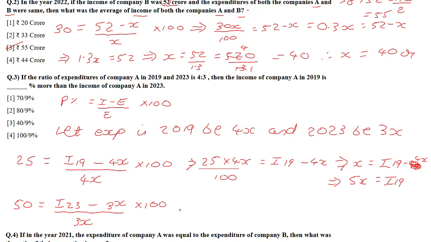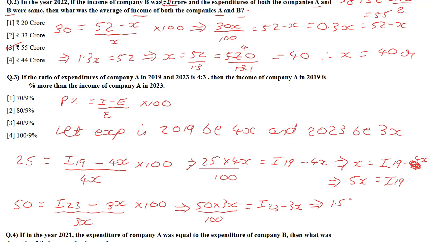Now we repeat the same procedure over here, and this time 3x goes there as multiplication, 100 will end up going down as division. So we have 50 into 3x upon 100 will equal the income in 23 minus 3x. And now I can further imply, and this time it won't be 1, it'll be 1.5. 3 into 50 is 150 upon 100 is 1.5.